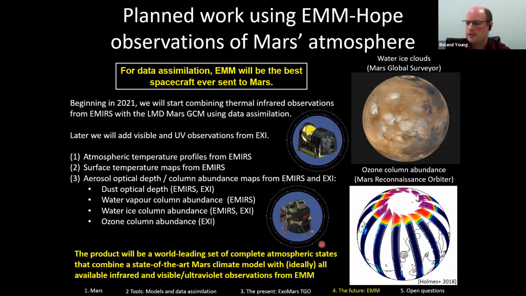This is quite challenging, and I don't believe that all of these have been assimilated at once at any point before. So this will be a really world-leading data set if it's possible to assimilate all of these. And in any case, it will have a very high quality observational data set with really great coverage that should allow us to study many aspects of the Martian climate.